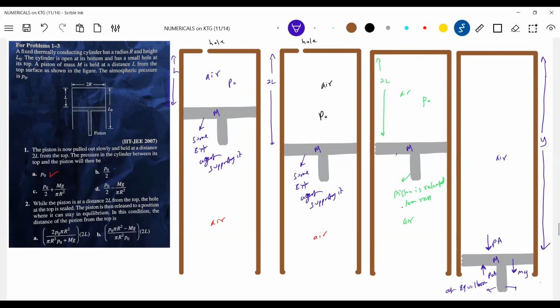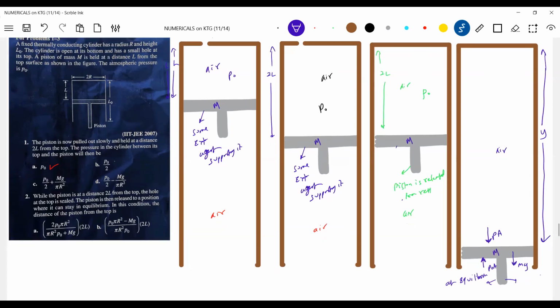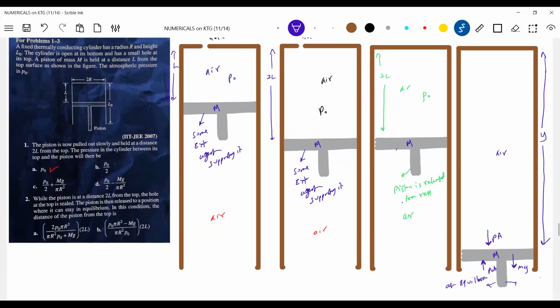So at equilibrium, looking at the last diagram, what is being asked is the distance of the piston from the top, y. Y is unknown. We have to calculate y.